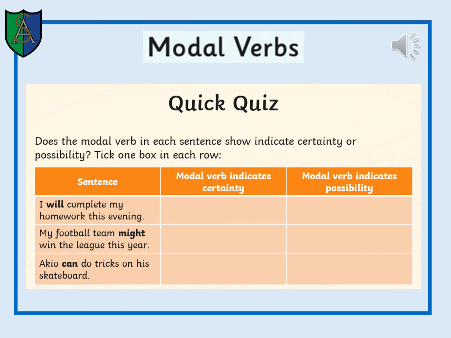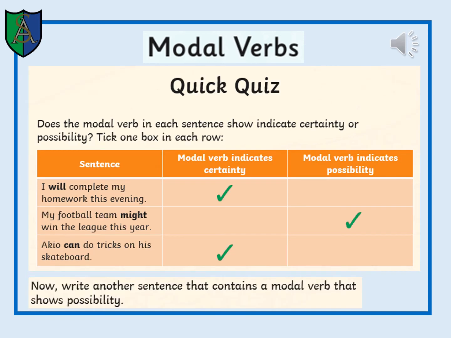So I will complete my homework this evening. Does that show certainty, like it's definitely going to happen, or does it indicate possibility? My football team might win the league this year, and Akio can do tricks on his skateboard. Can you have a go at those now? And then the answers are on the next slide, so make sure you pause this video here.